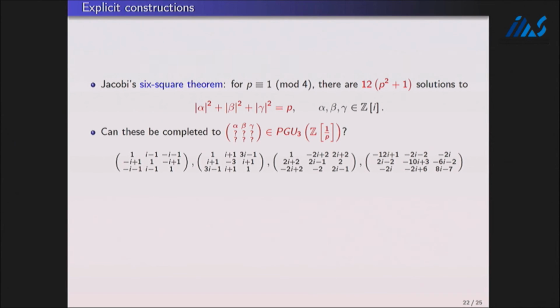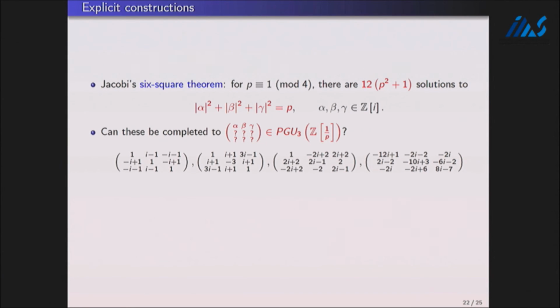So I went to Peter and I told him, I see that I have enough matrices to make a transitive action on the building just by computing by hand. And I see that I get enough matrices, but I don't know how to find them for general P. And then he gave me an old volume and told me this belonged to Selberg, so you have to give it back.